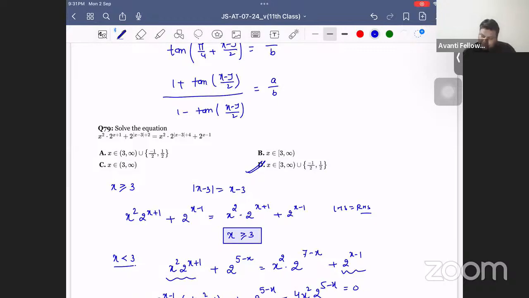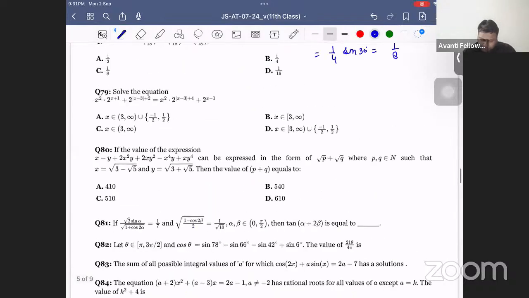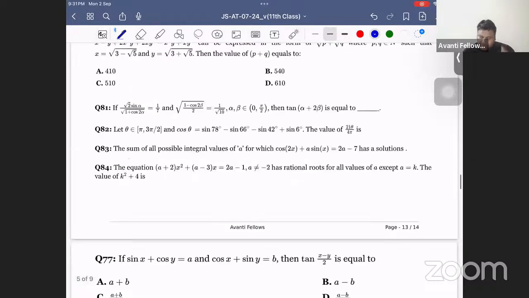All right. Now 80 is okay for you. Let's go with 81. They are saying cos theta equals sine 78 minus sine 42 minus sine 66 plus sine 6. See, I can rewrite it again. Cos theta is sine 78 minus sine 42.